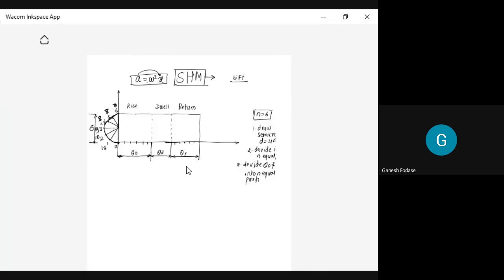Now here on the x-axis, this is 1, 2, 3, 4, 5. This one is 6. Again, after dwell, this point is the same because the follower displacement does not change. The follower is stationary. So this one is 6 again. So after 6 comes 7, 8, 9, 10, 11. The last point is 12.